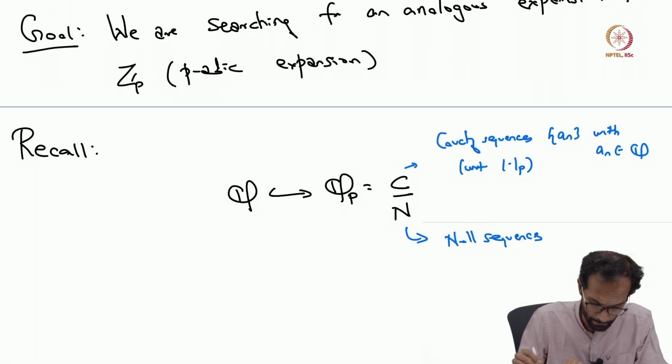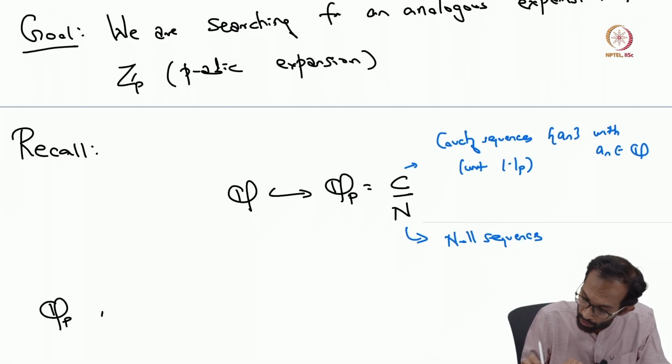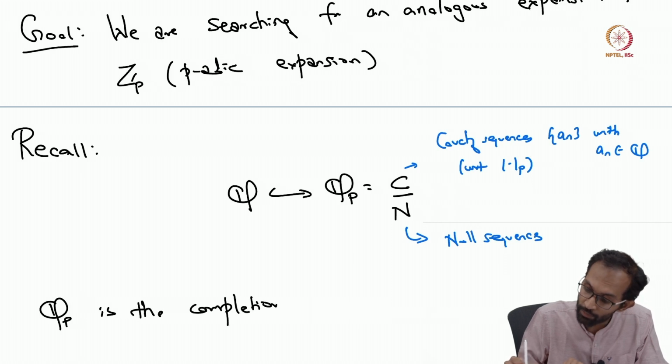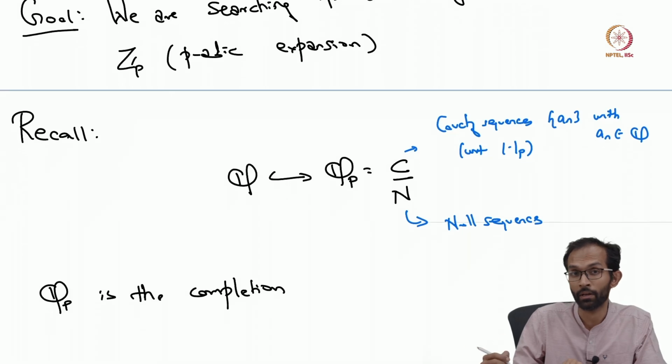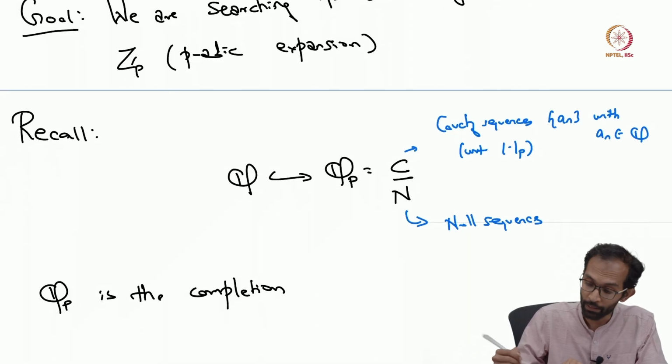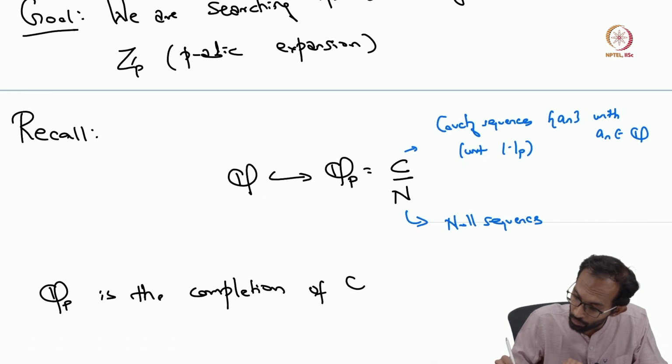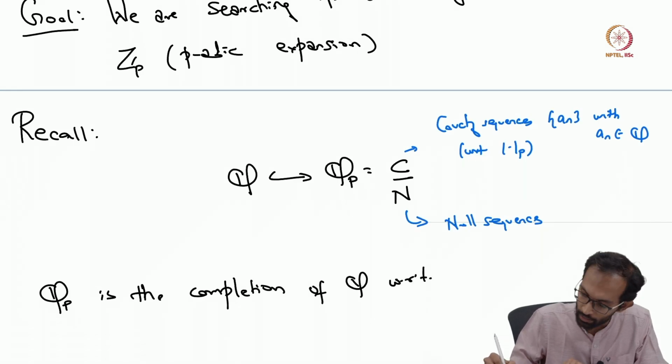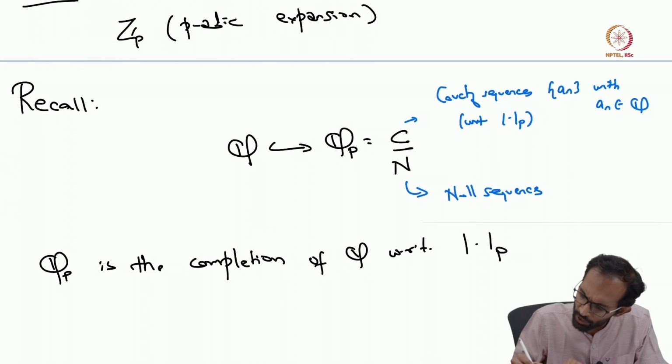Q_p is the completion. We had this whole process because Q was not complete with respect to the p-adic absolute value, and when we complete it we get Q_p. So Q_p is the completion of Q with respect to the p-adic absolute value, and sometimes this is also called the p-adic completion.